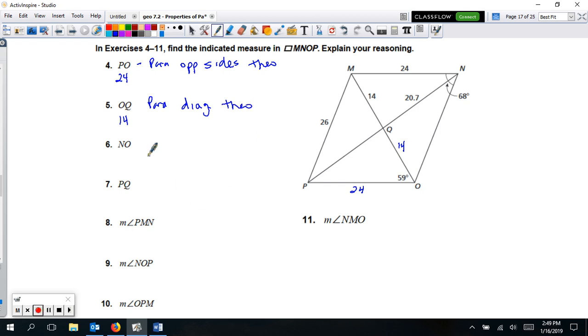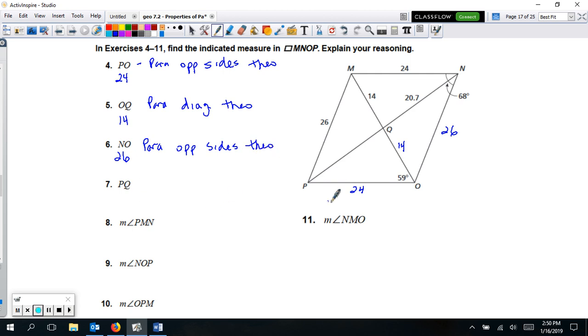So that's why. NO, so we look at NO, so that's this side right here. Opposite side is MP, and that's 26, so we know that this is also 26. So 26 for this one, and the reason is the same reason as number 4, so it's going to be parallelogram opposite sides theorem.